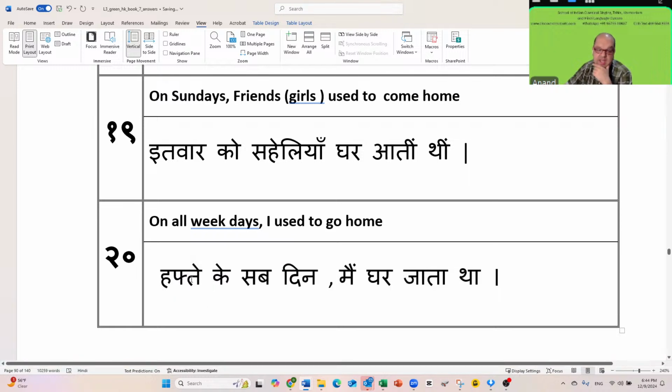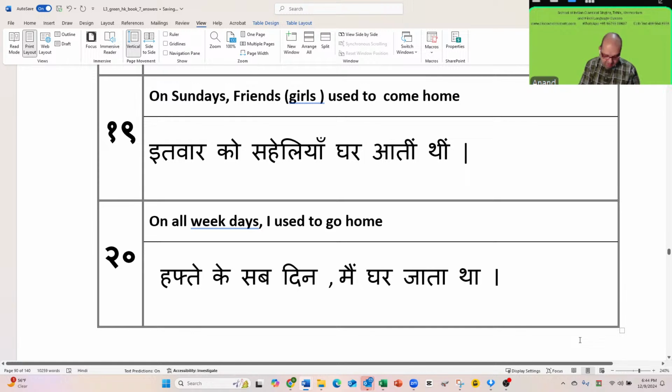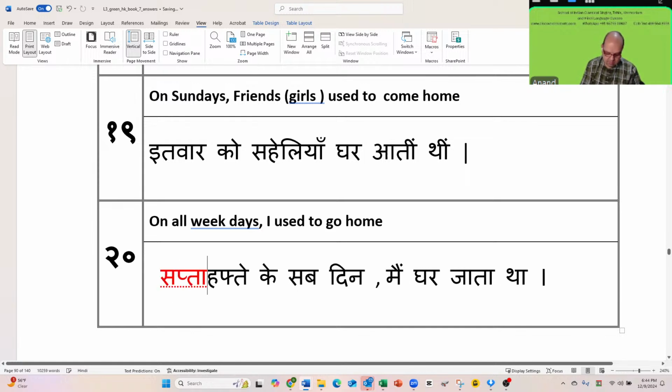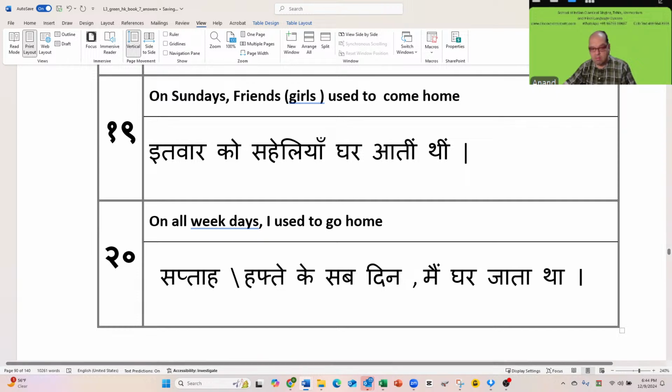So we say सप्ताह and again another word हफ्ता. हफ्ते के सब दिन और सप्ताह के सब दिन. So I'll also write सप्ताह. Again, सप्ताह is Hindi. हफ्ता is Urdu. What language is Urdu based off of? Hindi.